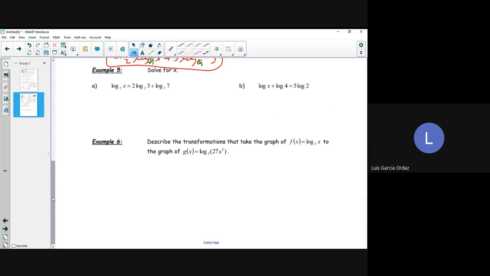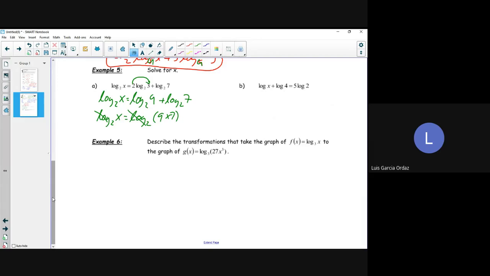So the next one we have to use our quotient or product law because we have addition. So we need to bring this 2 as our exponent for the 3. So we have log base 2 x is equal to log base 2, and 3 to the power of 2 gives us 9, plus log base 2 7, which means we get log base 2 x equals log base 2 of 9 times 7. And because the logs are of the same base, we can ignore them.